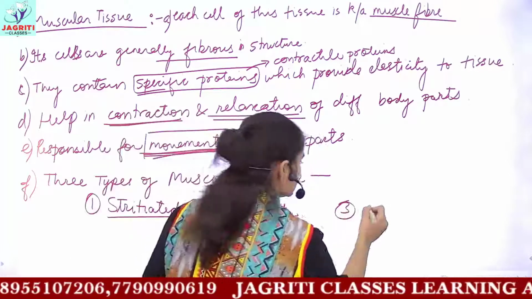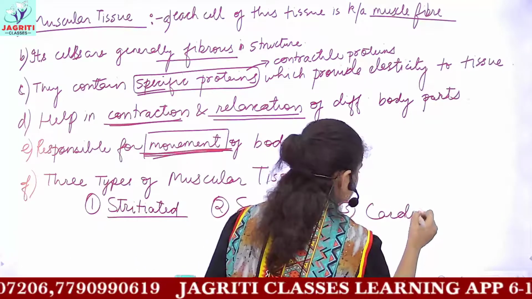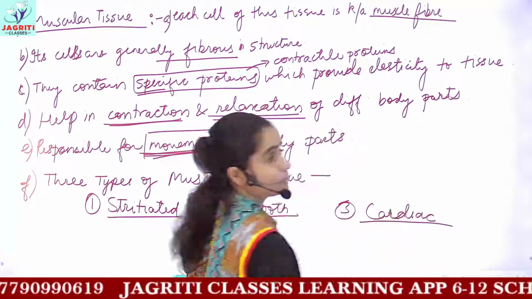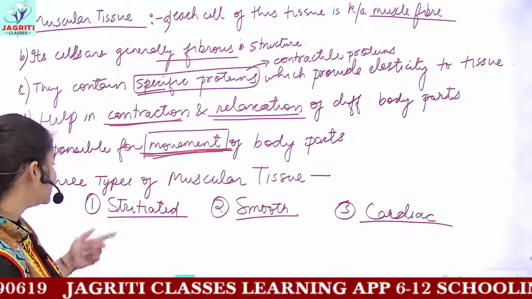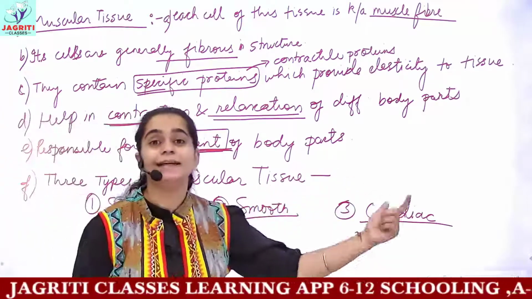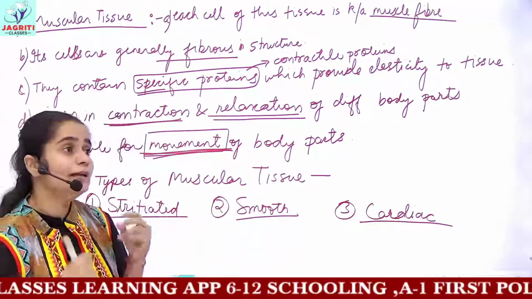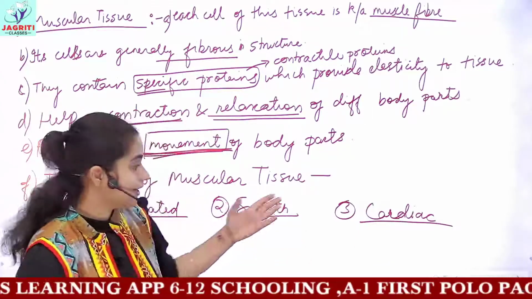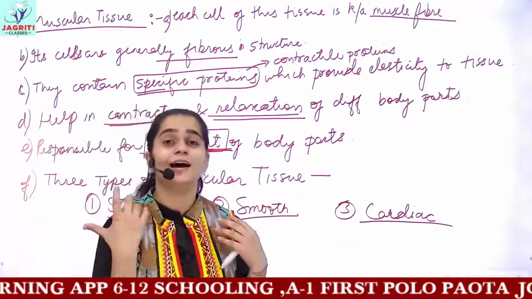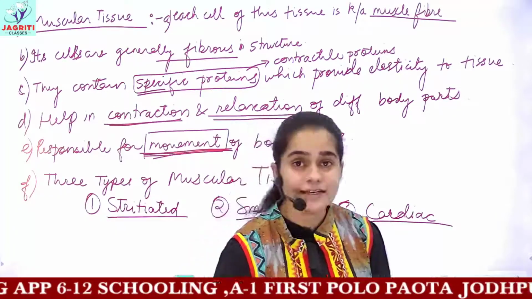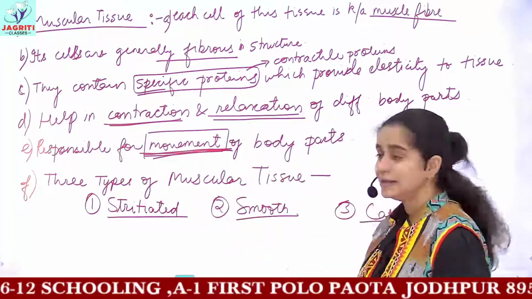And the next is cardiac muscles or cardiac muscular tissue. Now we'll see all these 3 tissues in detail: why they are named so, what their structures are, how many nuclei they have, what their special functions are, and whether they are branched or unbranched in nature. We'll discuss everything.